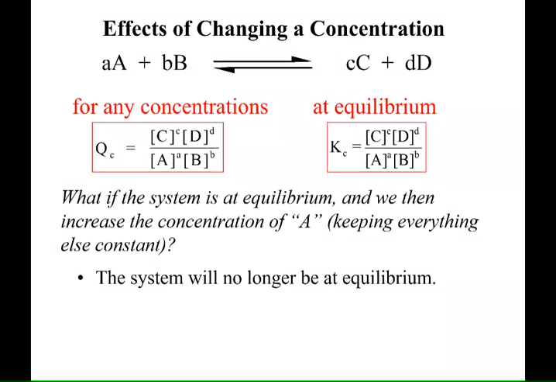So on your test, I'm going to ask you questions like this. What if? What happens if? And the way this is worded is, what if the system is at equilibrium and then we increase the concentration of A? So first off, you're going to have to find A. A is a reactant. Basically, if you increase A, you're going to put more of that.